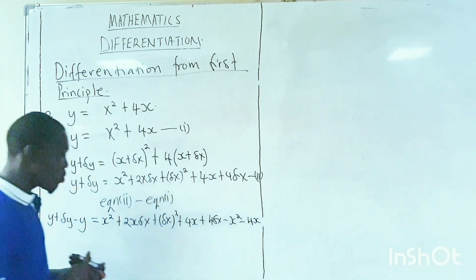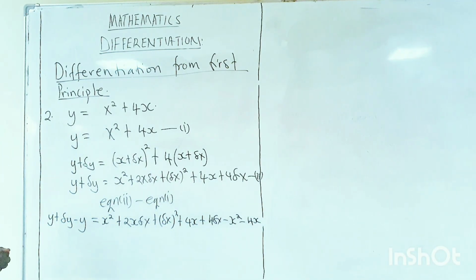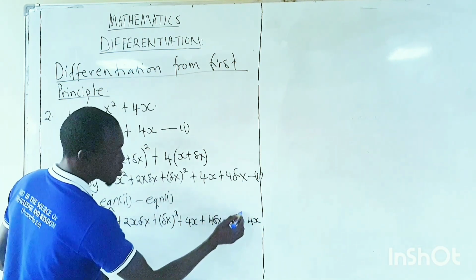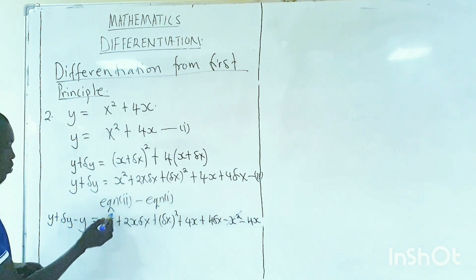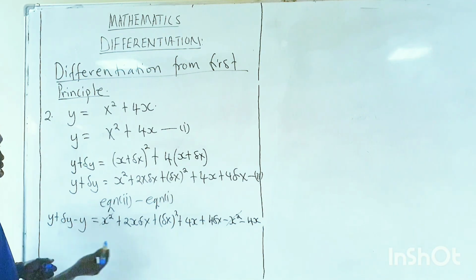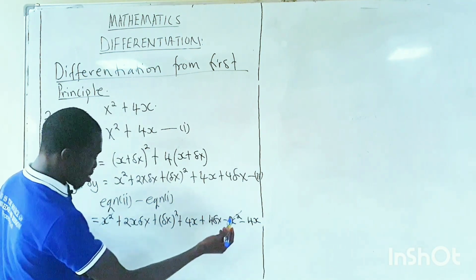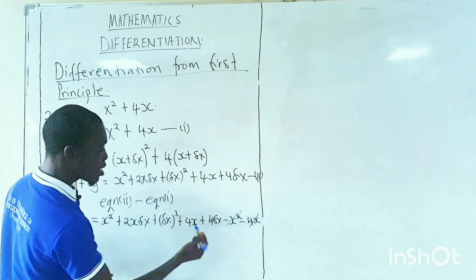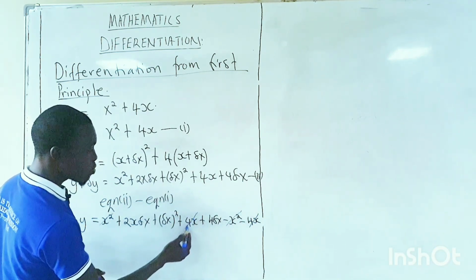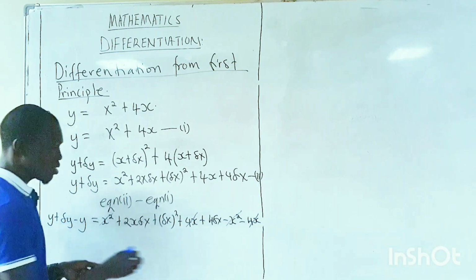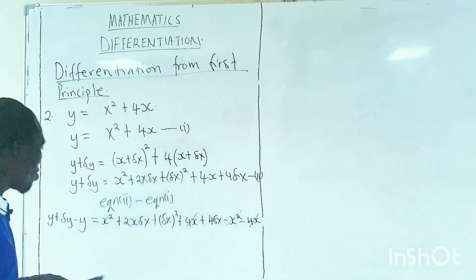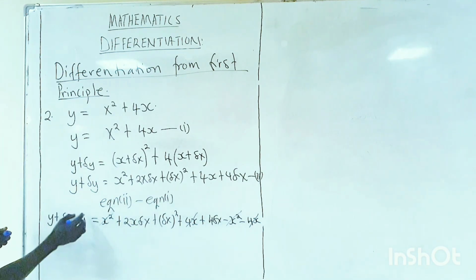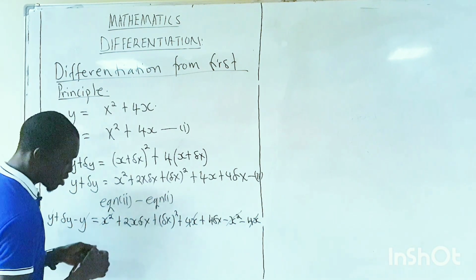When we subtract, this negative sign gives us negative x squared minus 4x. Then here we are going to see what is cancelling. We have x squared on this side cancelling with this positive x squared. Here we have negative 4x and also here we have positive 4x. They are cancelling. On the left hand side we have y and y cancelling.